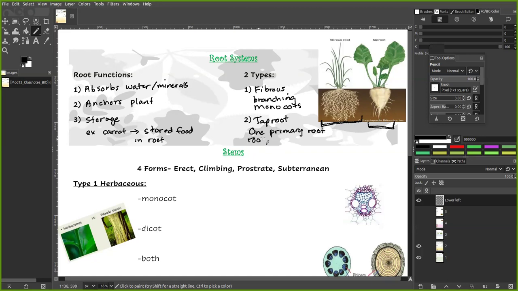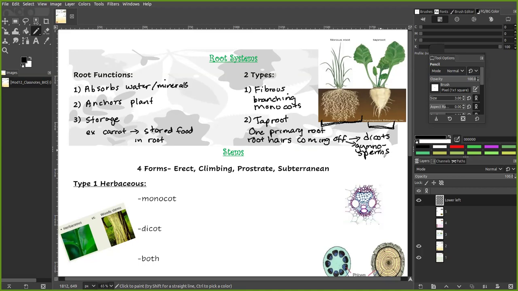So we'll say root hairs coming off. And this is usually in dicots and in gymnosperms. Remember what gymnosperms are? Those are the conifers, where they have cones.